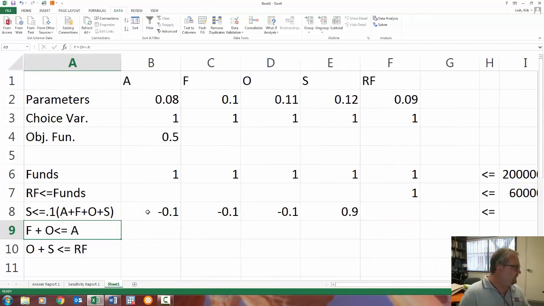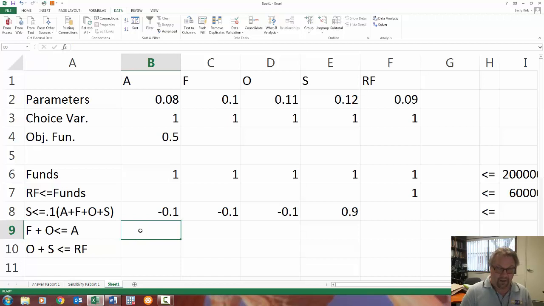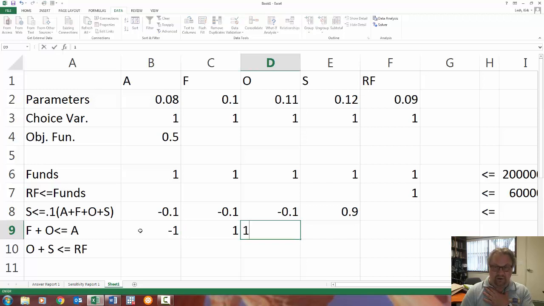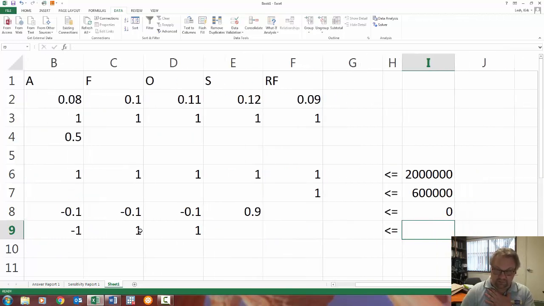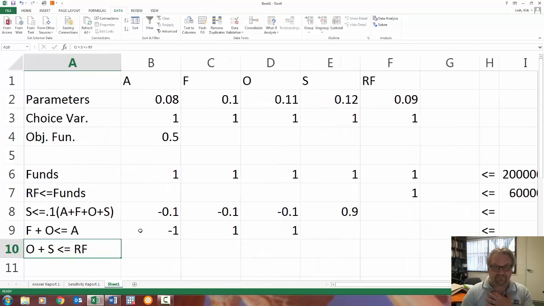Okay, the third bullet point. Furniture loans plus other secured loans may not exceed the automobile loans. Here I'm just going to move automobiles to the left-hand side. So notice that the coefficients, the parameters in my constraints, I'm just going to have a negative 1 for auto, 1 for furniture, 1 for other, and of course that's less than or equal to 0 as well.